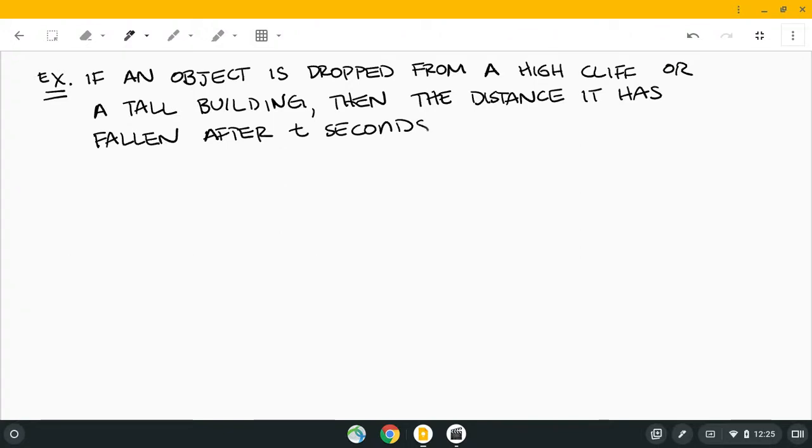So imagine you drop something off a cliff or a tall building, and this object starts falling. After like 2 seconds, it's fallen a certain distance.